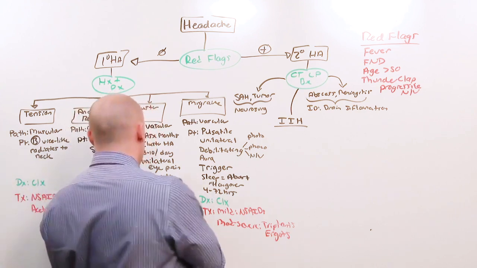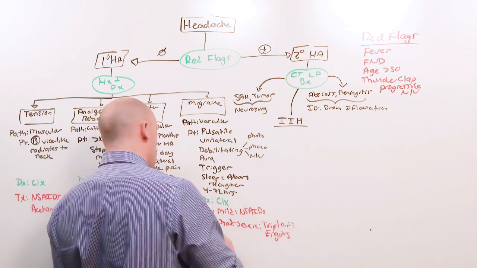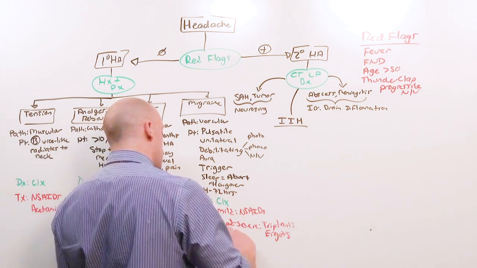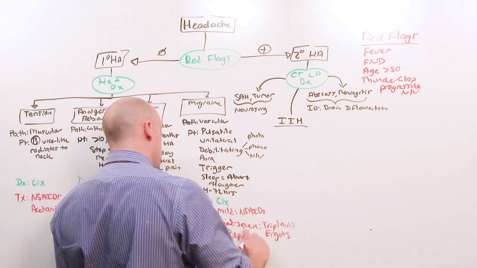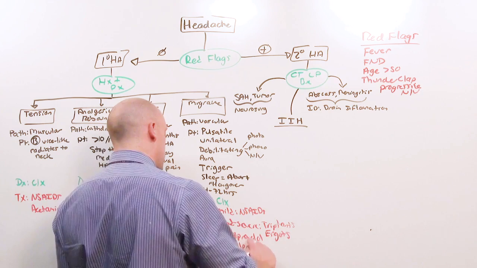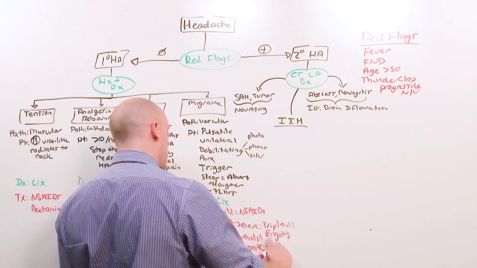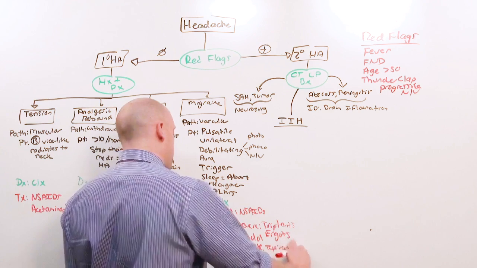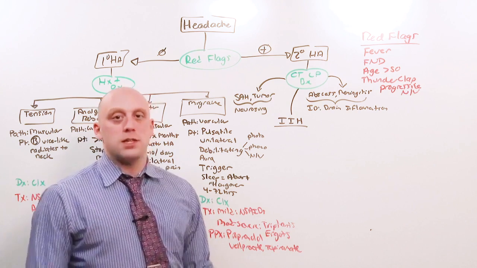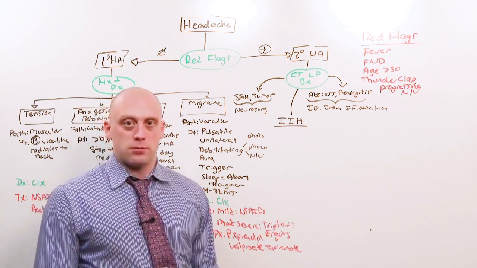Just like the cluster headaches, we do have the ability to prophylax against migraines. You want to use beta blockers like propranolol or anticonvulsants like valproic acid or topiramate. And if you have clearly diagnosed migraine, you don't need to do any brain imaging.